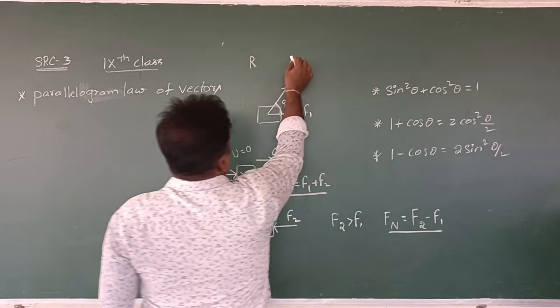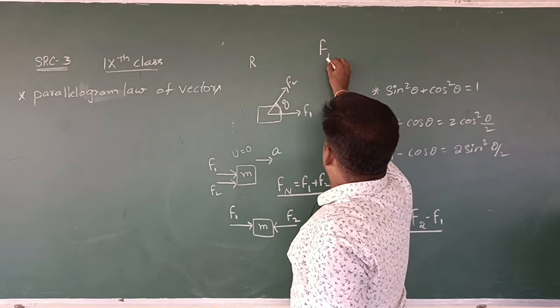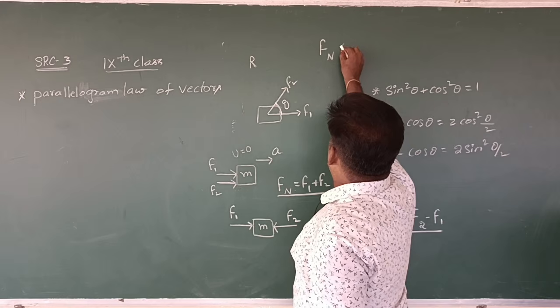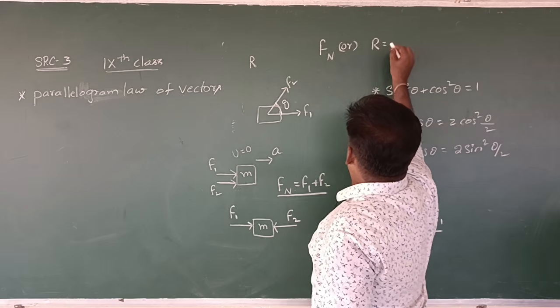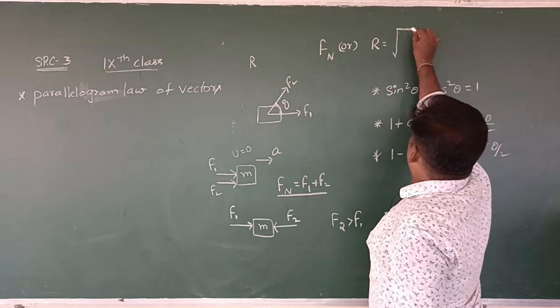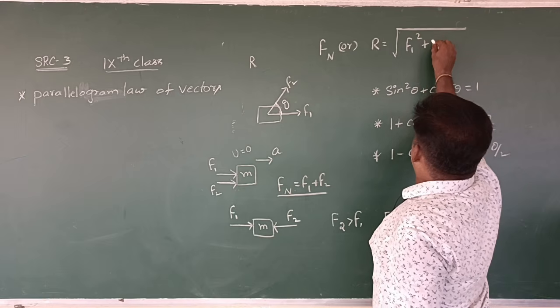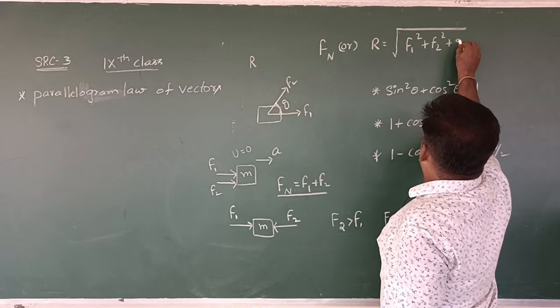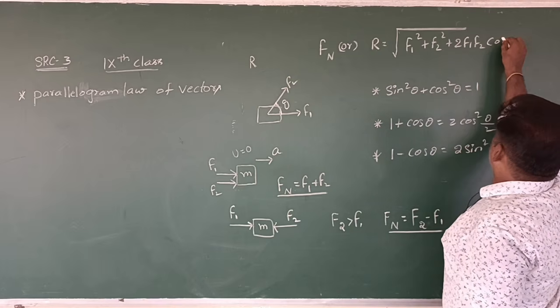Now I'll give you the direct formula. Resultant force Fn, or resultant R, between these two is equal to root over F1 square plus F2 square plus 2 F1 F2 cos theta.